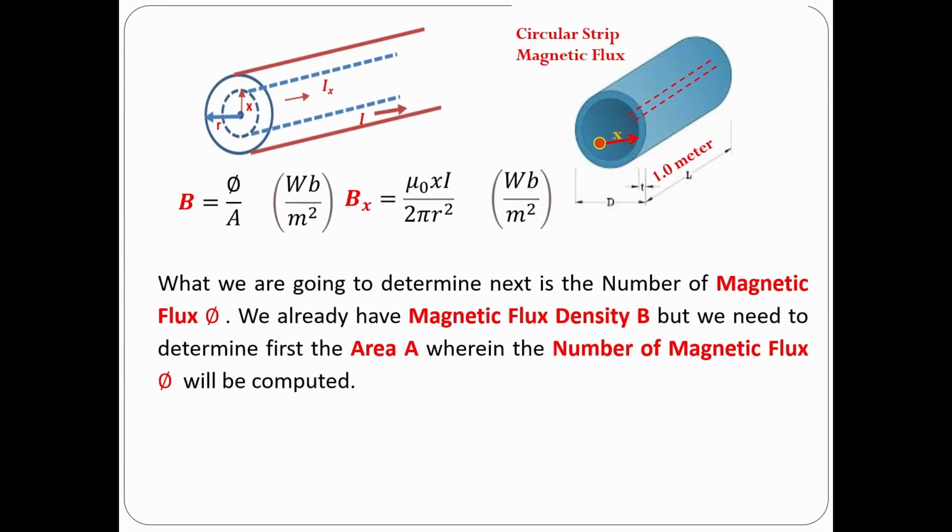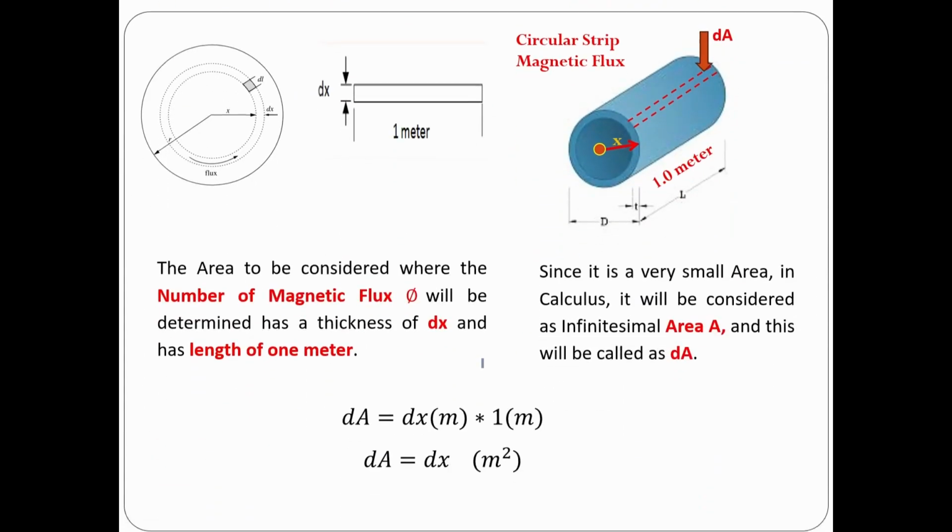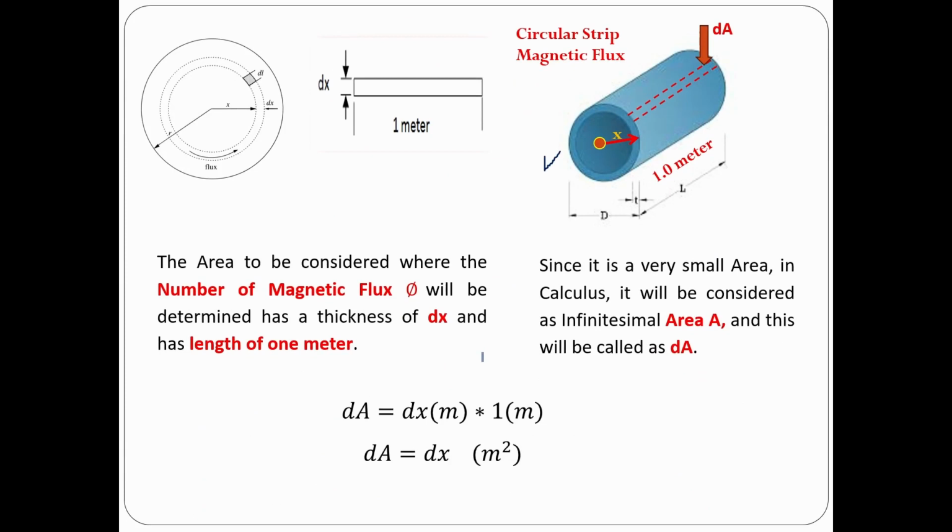What we are going to determine next is the magnetic flux. We already have the magnetic flux density Bx, but we need to determine first the area A, wherein the magnetic flux will be computed. In this figure, the red dashed lines are the small slice of the circular magnetic field, and this is the area to be considered where the magnetic flux will be determined.